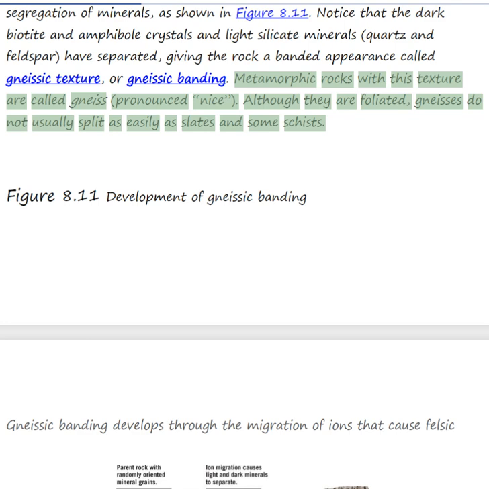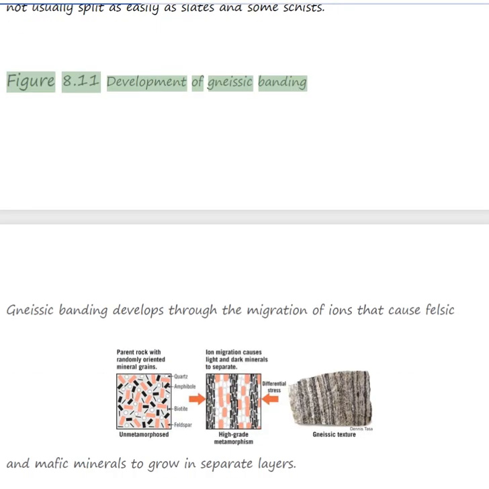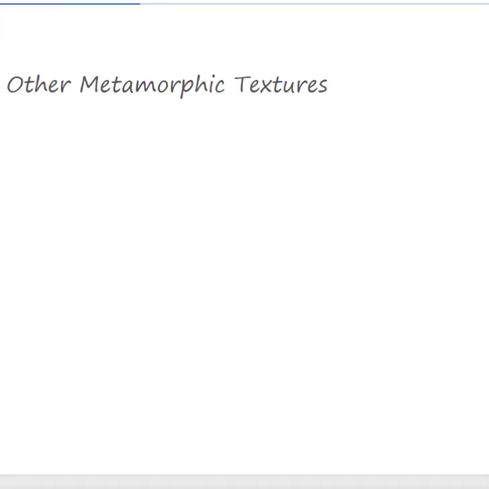Although they are foliated, gneisses do not usually split as easily as slates and some schists. Figure 8.11 Development of gneissic banding. Gneissic banding develops through the migration of ions that cause felsic and mafic minerals to grow in separate layers. Figure 8.11 Full alternative text description.